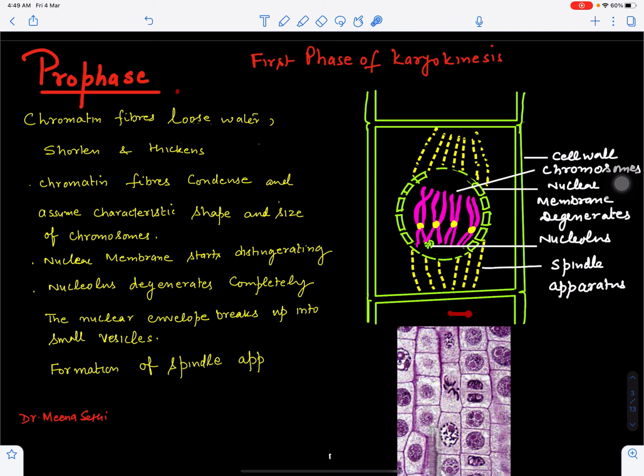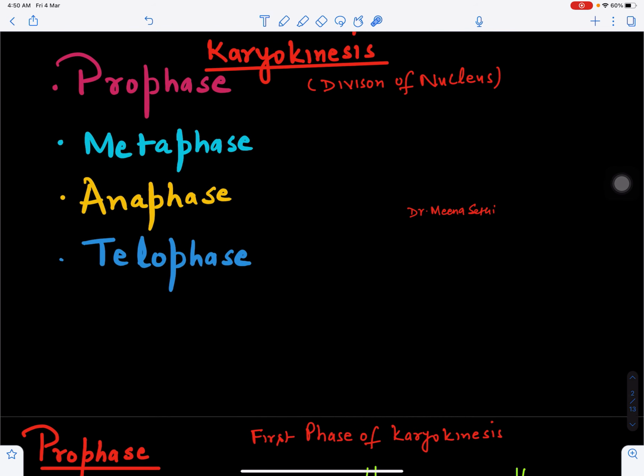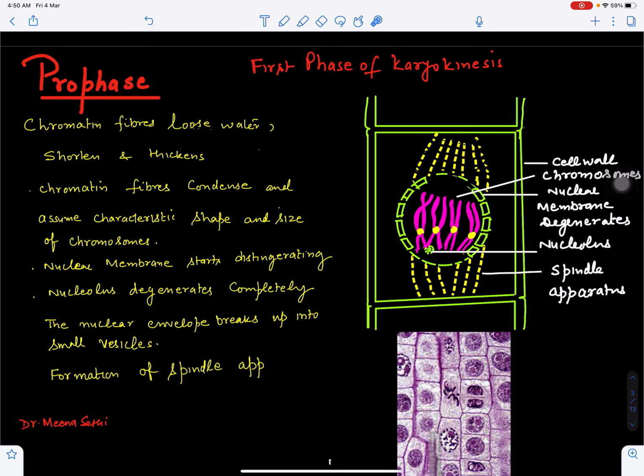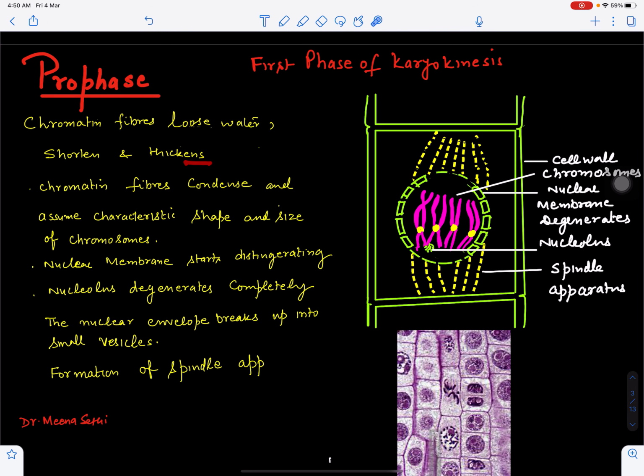In this diagram I have shown a plant cell. This is the cell wall and this is the nucleus. These are chromatin threads. Now the chromatin threads present in the nucleus start losing water and become short and thick.